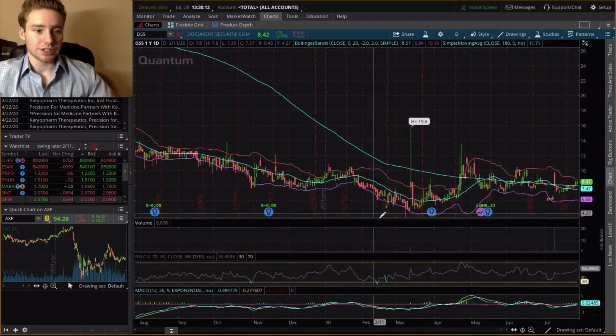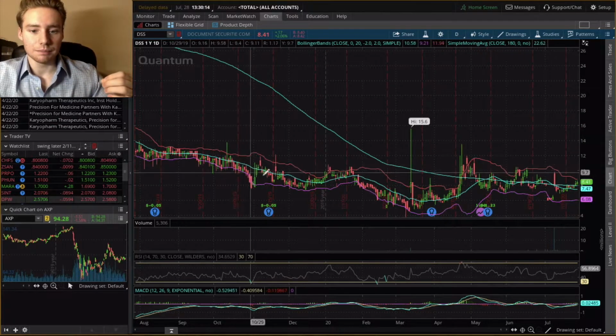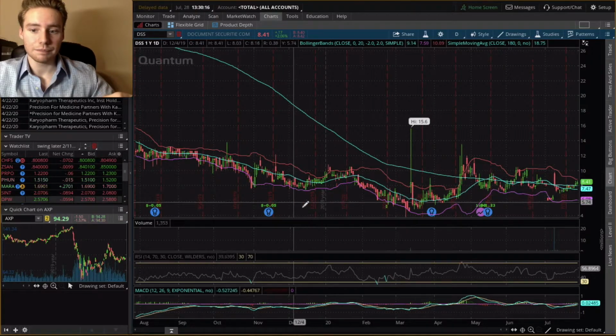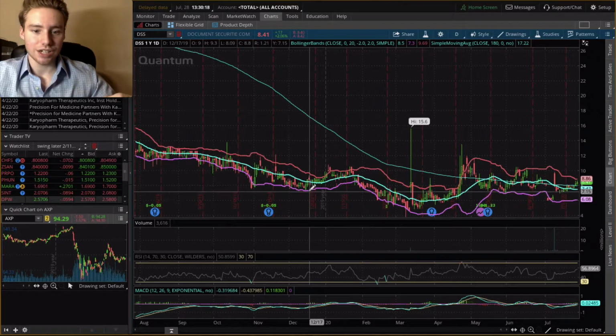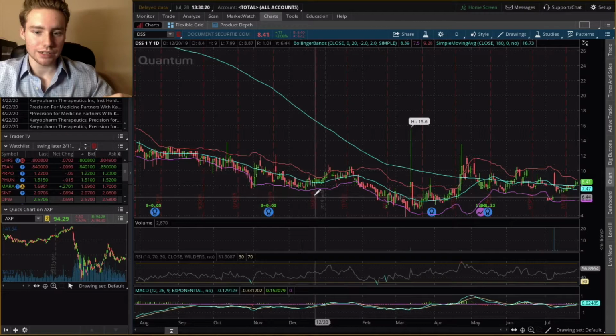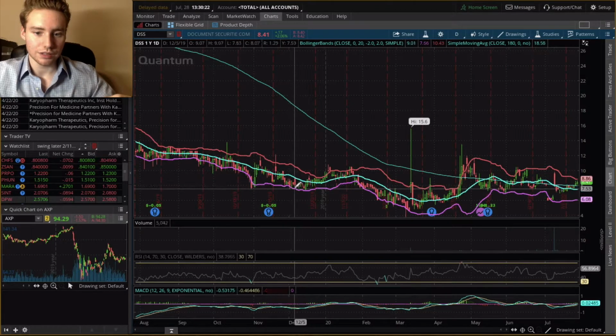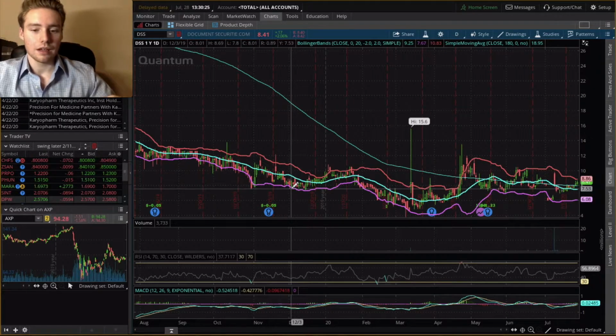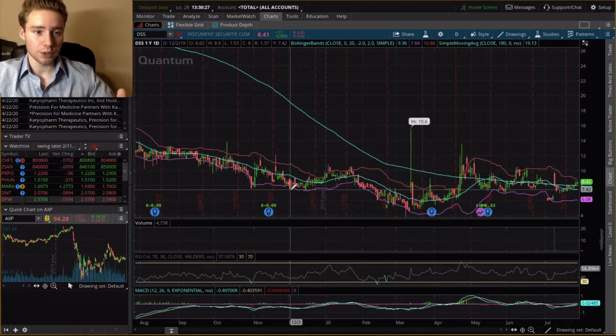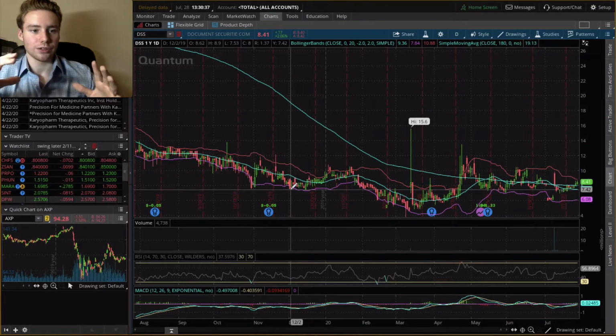Take this for instance. You see this going down, and you see it touch the Bollinger Band right here. So it touches the lower Bollinger Band in purple. Now you're going to want to think to yourself that this is at the bottom of the Bollinger Band, and the Bollinger Band acts essentially as a channel.